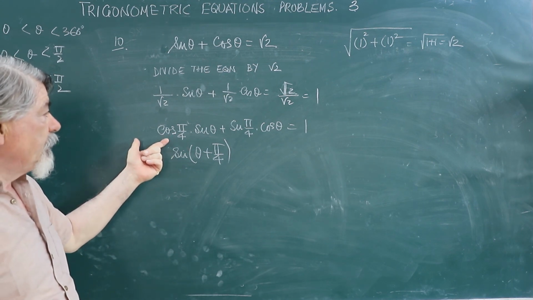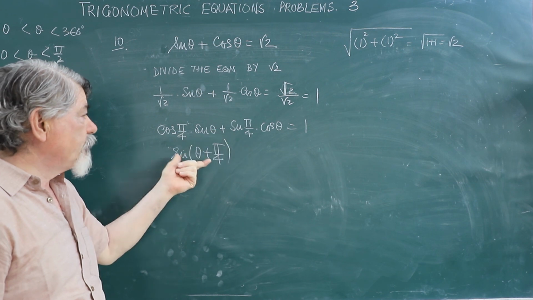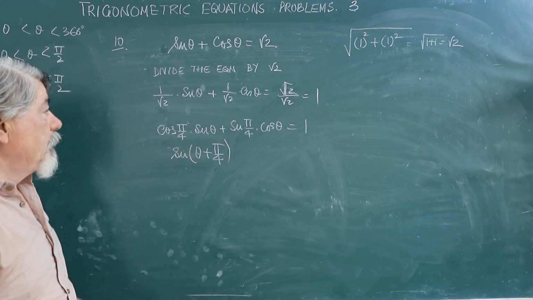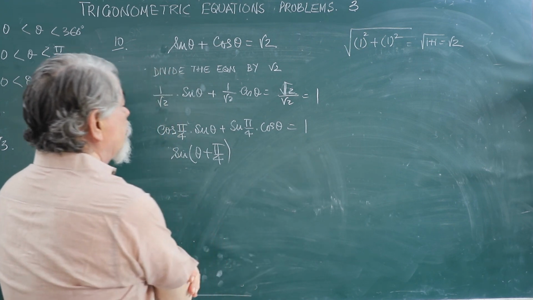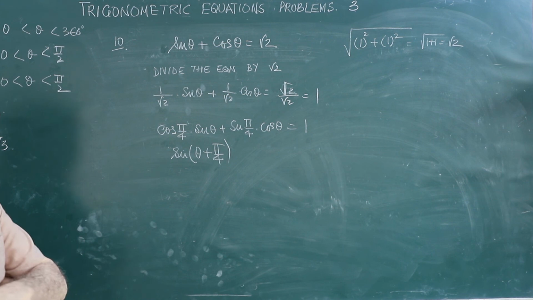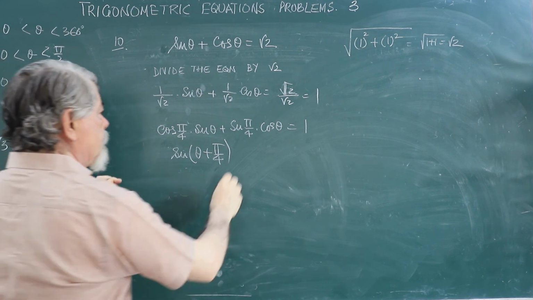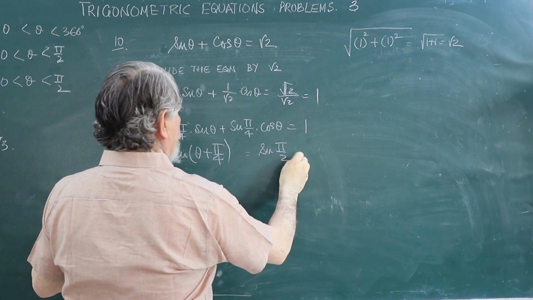We could have written sin pi by 4 also, and for cos pi by 4 it would have come minus sin here. Now it is 1. Root 2 divided by root 2 gave me 1. So sin pi by 2 is 1. Sin 0 is 0, sin pi by 2 is 1. So let me write it as sin pi by 2.